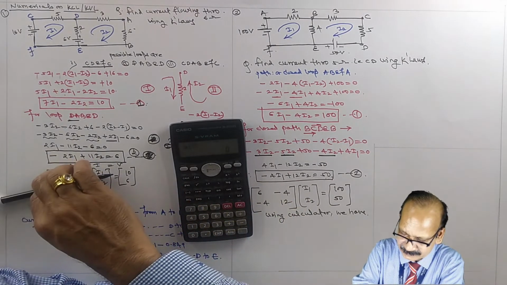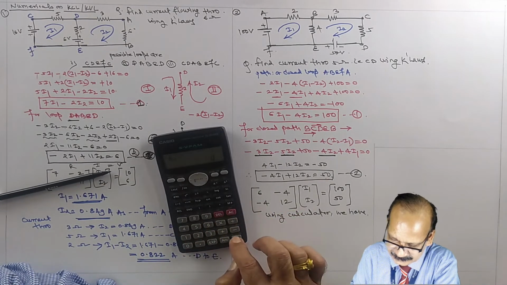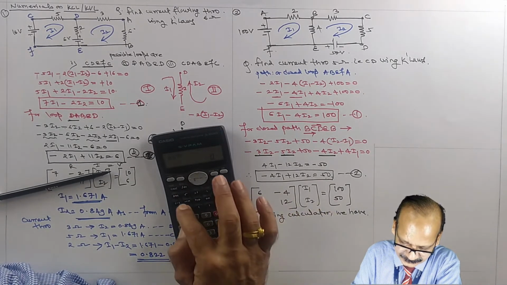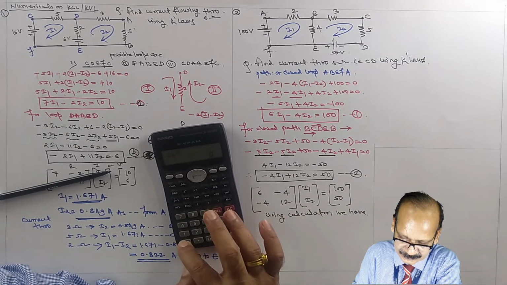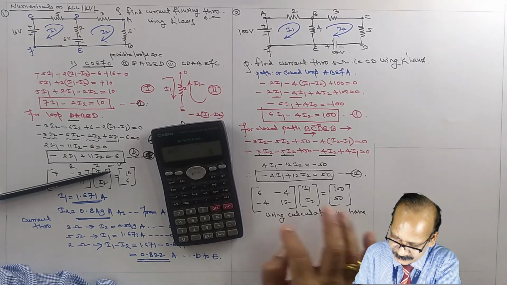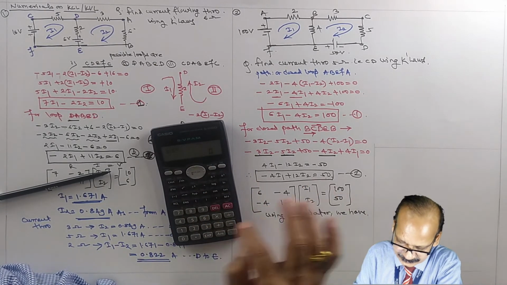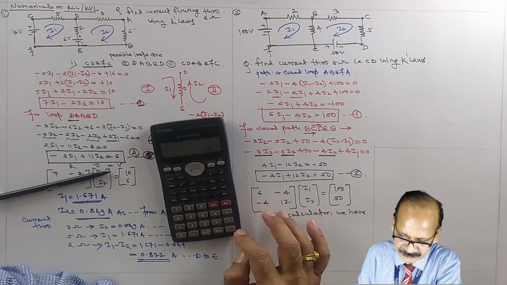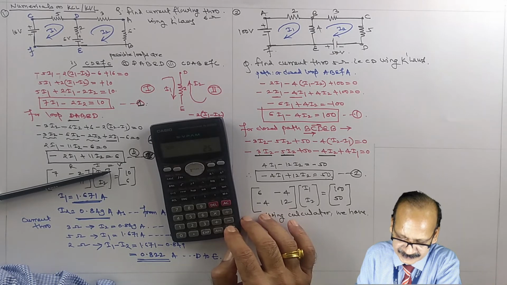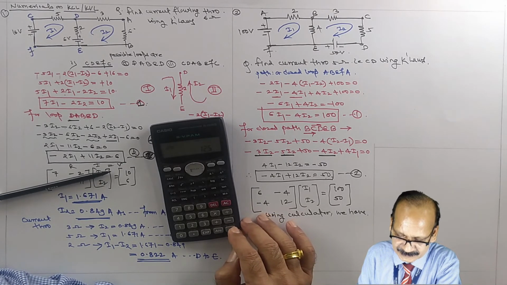A1 is nothing but 6, equal to. B1 is minus 4. Then C1 is 100, equal to. A2 is minus 4. B2 is 12, equal to. C2 is 50, equal to. This is 25, I1, X equal to 25. Y equal to 12.5. These are the currents.